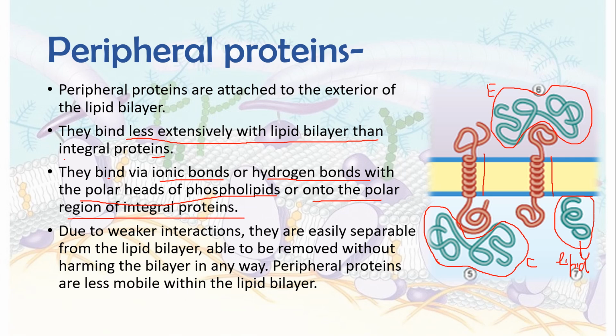As I just discussed, they can bind to the lipid bilayer or to the integral proteins, may be present at the cytosolic end or at the extracellular matrix, because their interactions are ionic bonds or hydrogen bonds, which are considered weaker interactions. They can easily separate from the lipid bilayer and be removed without harming the lipid bilayer. Peripheral proteins are less mobile within the lipid bilayer.